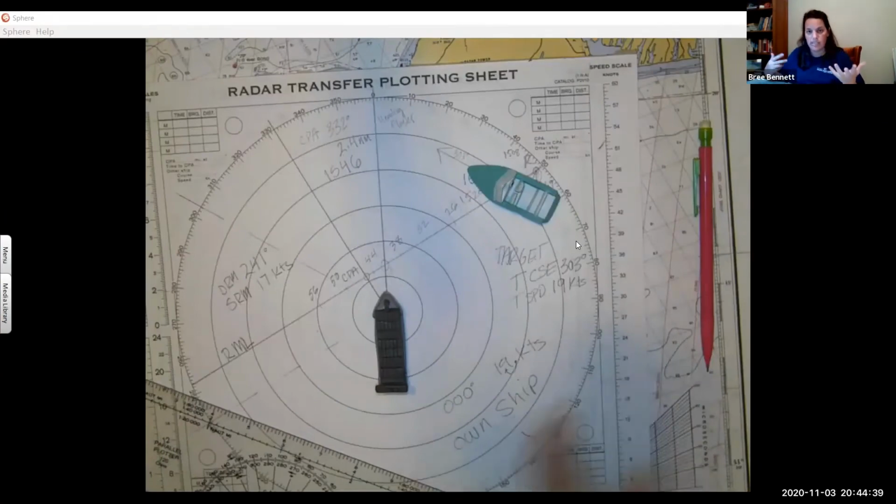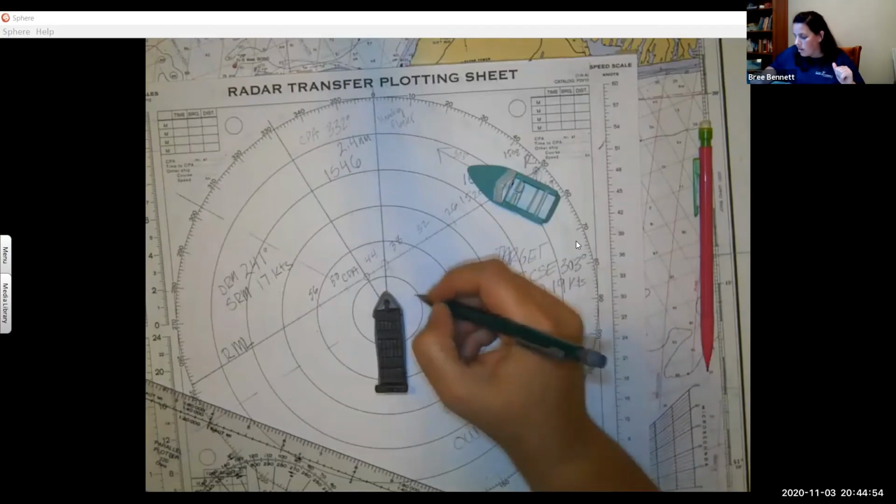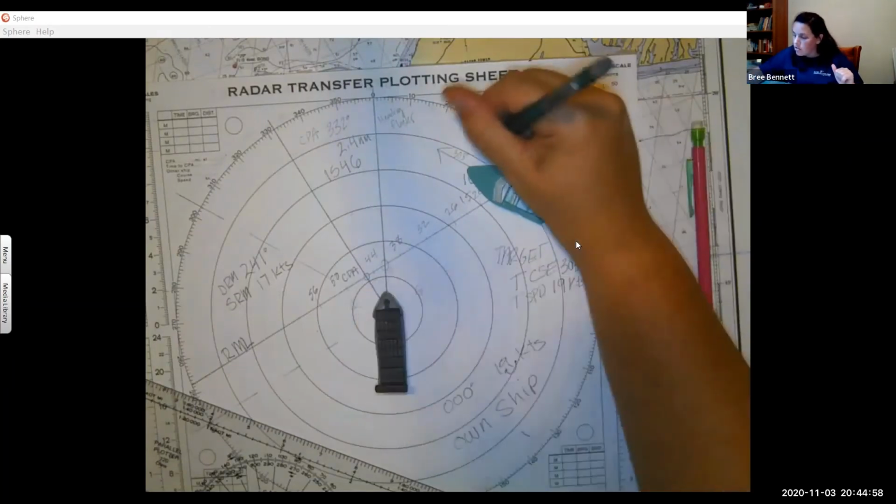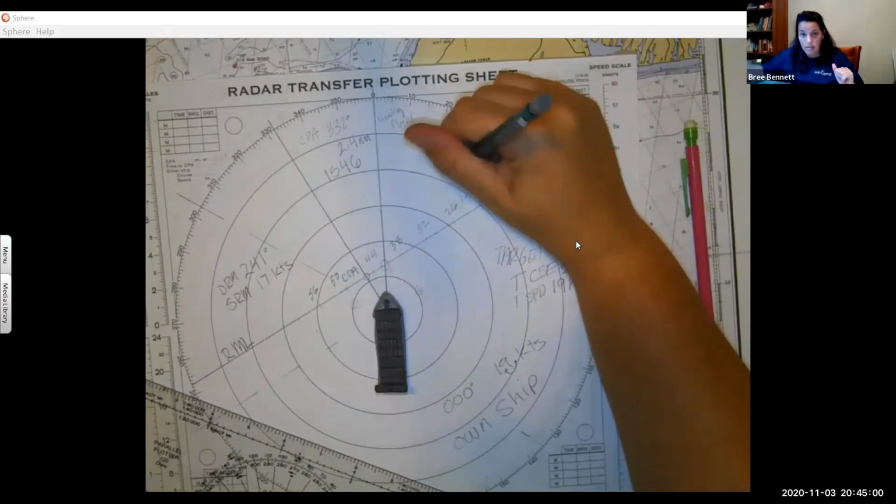Who's give way, who is stand on. So I like to go back to our side lights. Remember our side lights, maybe from boat handling? We have our green and our red.